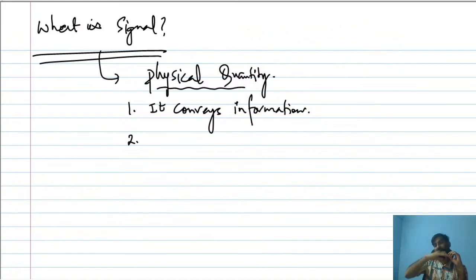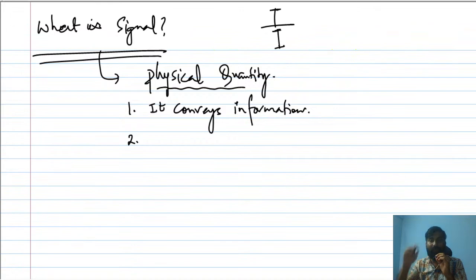If it does not have any variation, then it cannot be regarded as a signal. If I say that the battery is a signal, the battery is what? Constant. The battery is constant basically. Whatever battery you connect to the network, that battery is constant, not having any kind of variation. Variation means, what? Change with respect to some parameter. That parameter will be time.